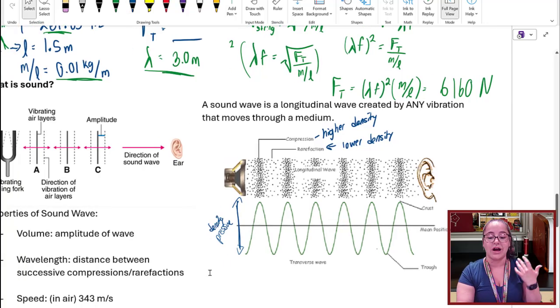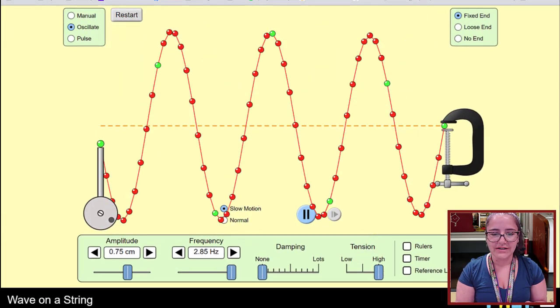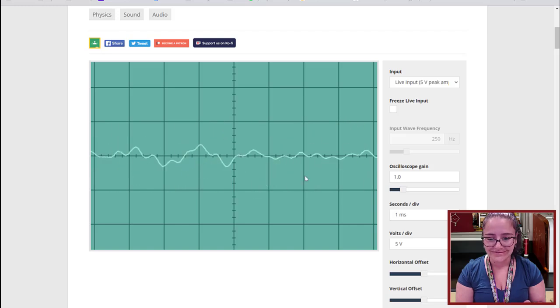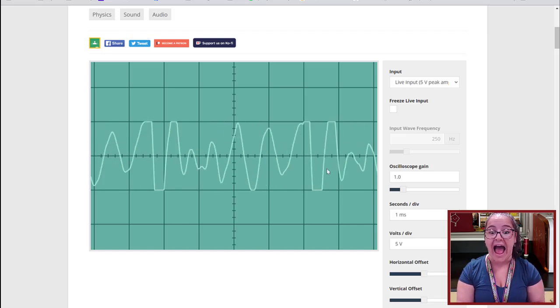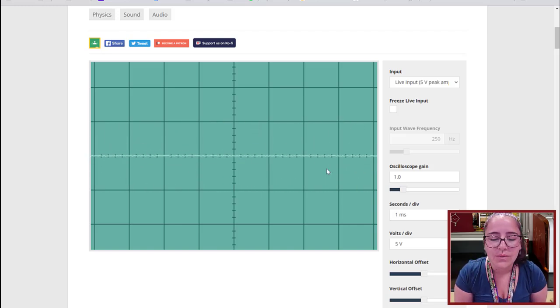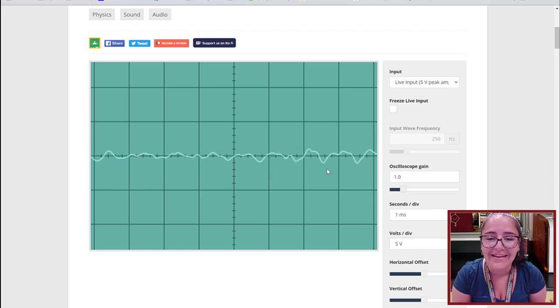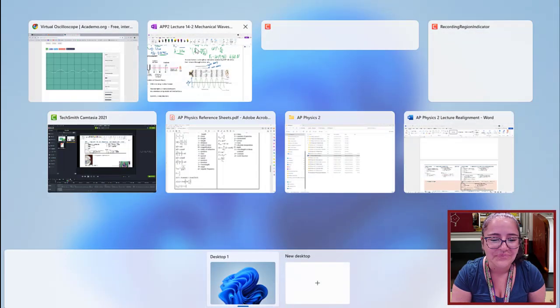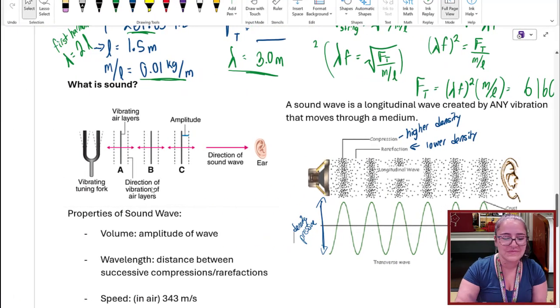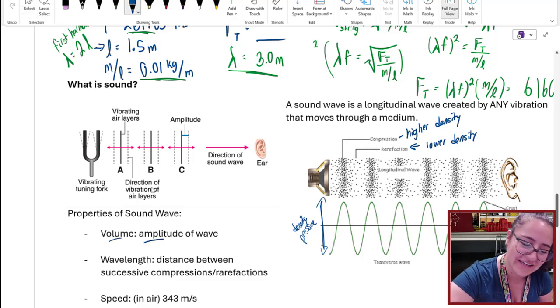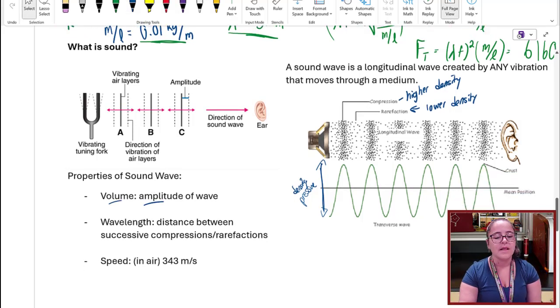Now, if I want to talk louder, you can see that that's a high amplitude. Whereas if I whisper and talk really, really slowly and quietly, that's going to be a low amplitude wave. Volume is related to the amplitude of the wave.